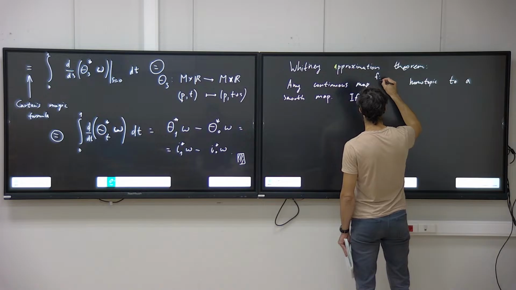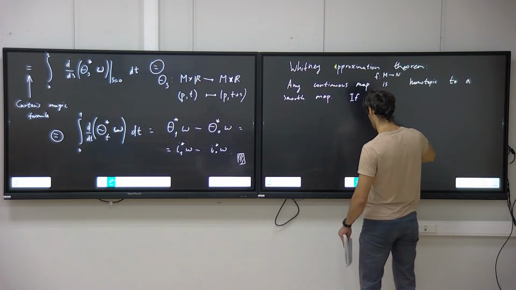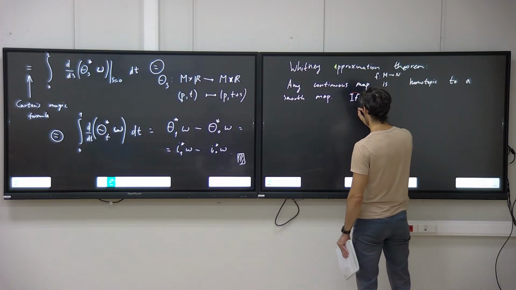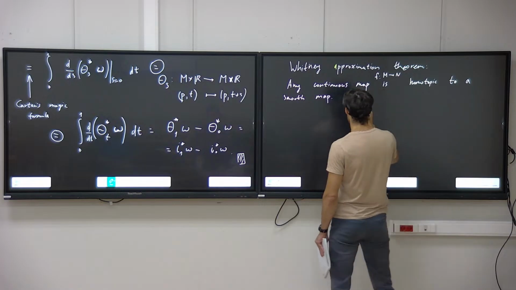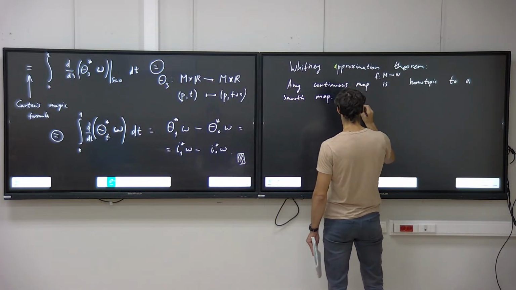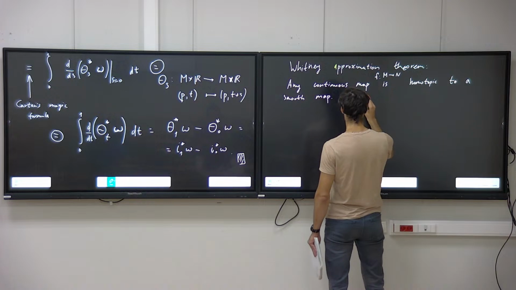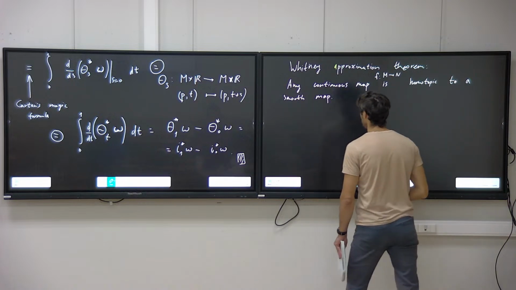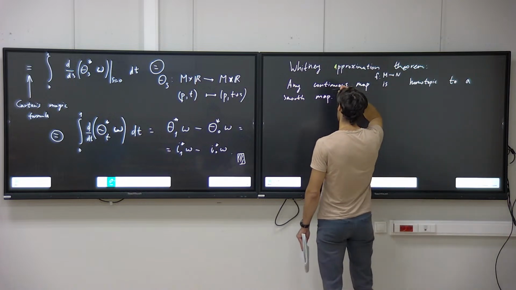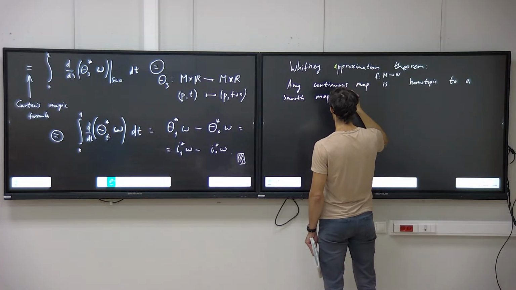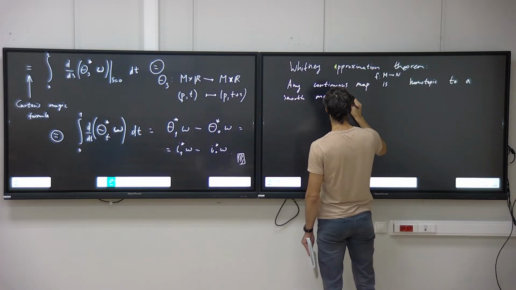So a map f from M to N is homotopic to a smooth map, and let me denote this map somehow, g.